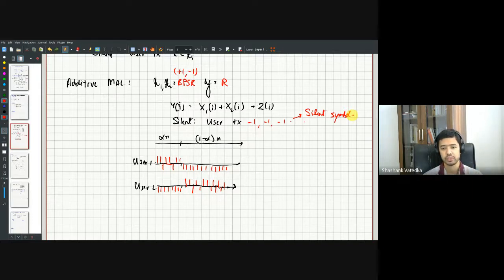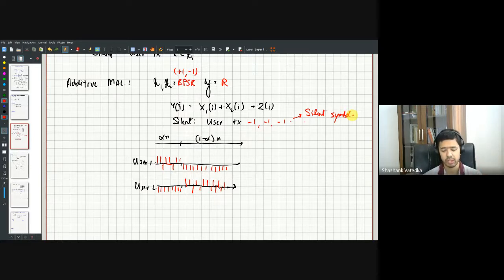Instead of choosing something arbitrary, you can put a little bit of thought and see why you may want to choose a particular silent symbol. All right, but this is basically what you do in TDMA.